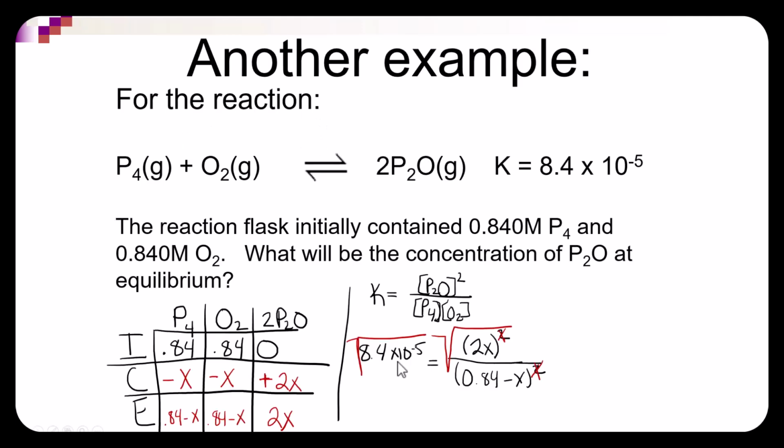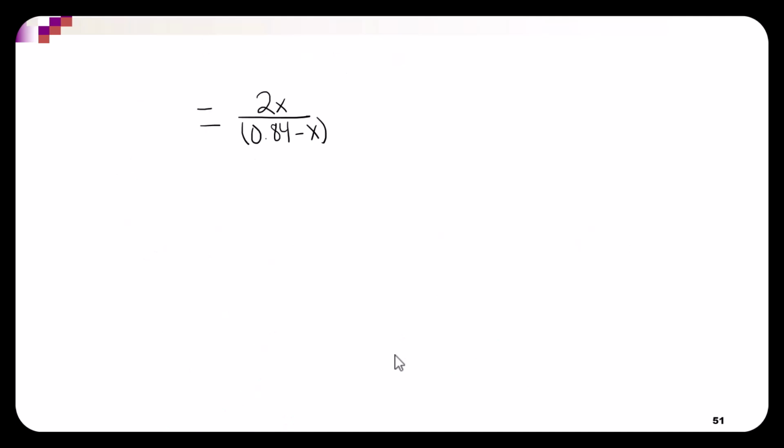And then on the left-hand side, remember we plugged this into our calculator. So we've got the square root of 8.4 times 10 to the negative fifth, and that value is 0.0092.